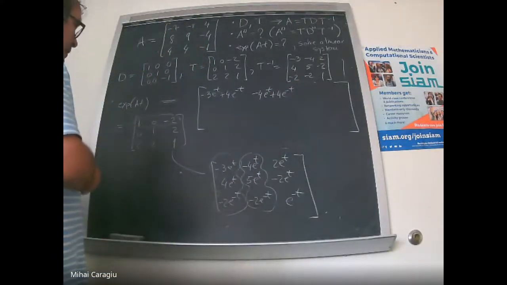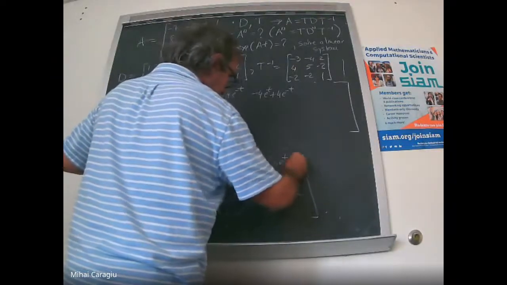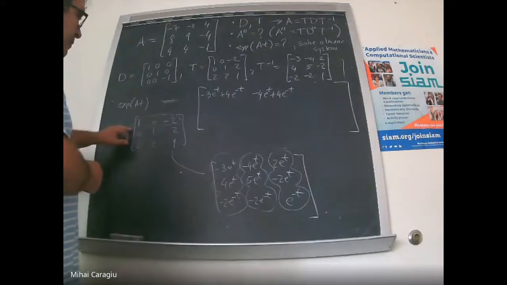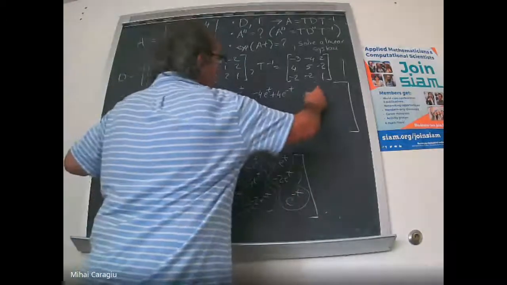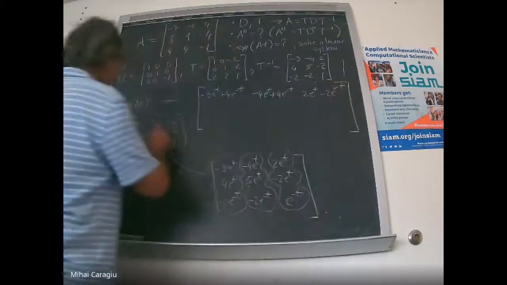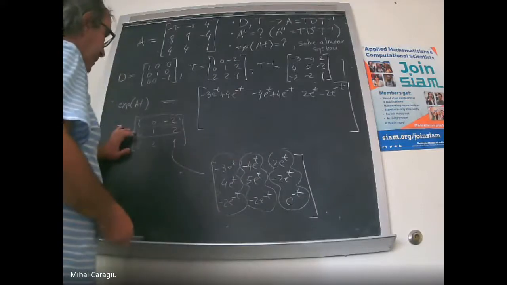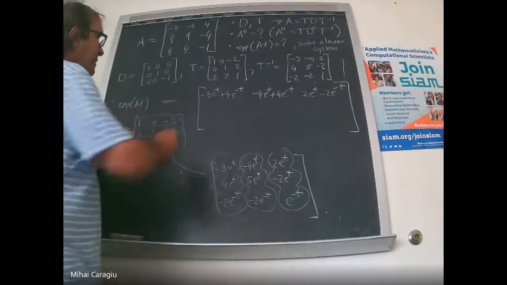Right? First, third. We get 2 e to the power t minus 2 e to the minus t. Second, first. We get 4 e to the power t minus 4 e to the minus t.